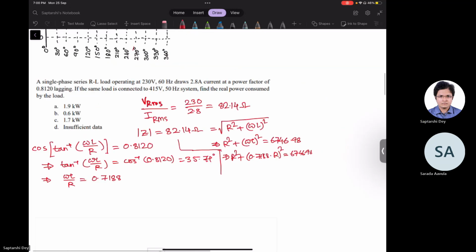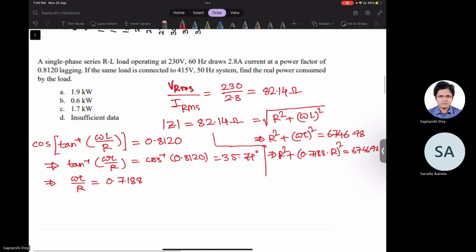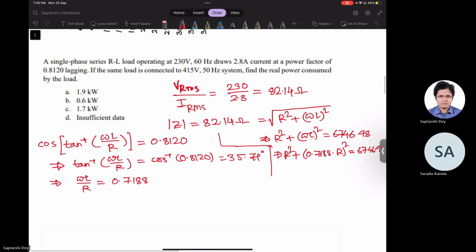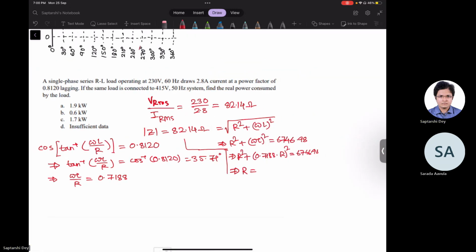So what we get is R comes out to be 66.7 ohm. Now if R is that much, then what is omega L?